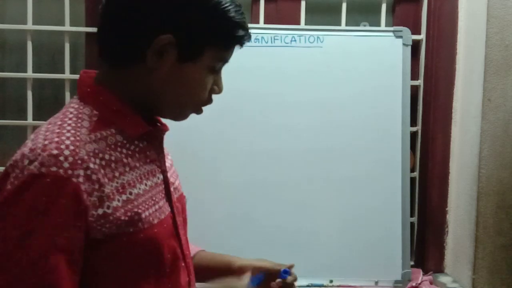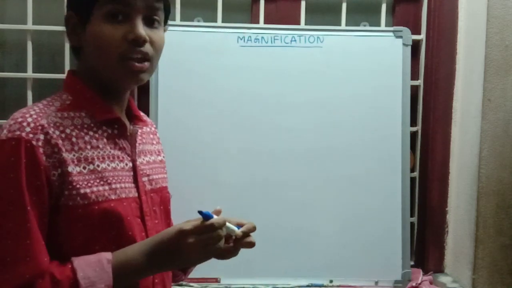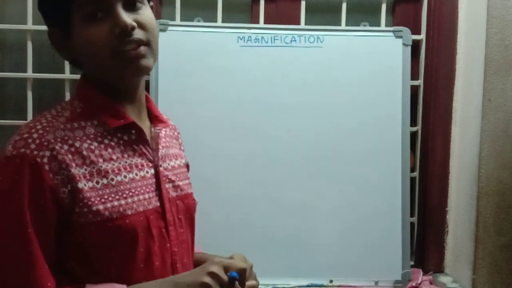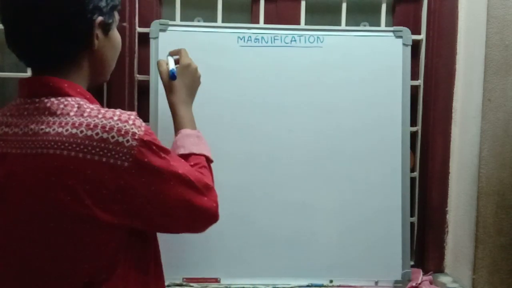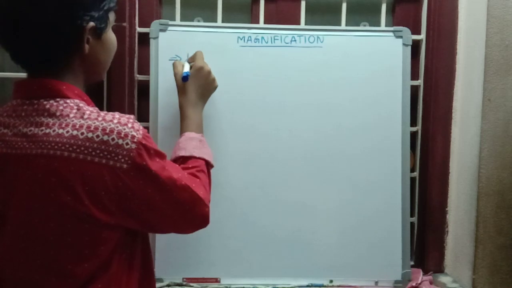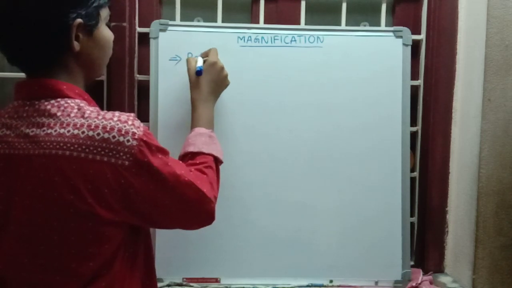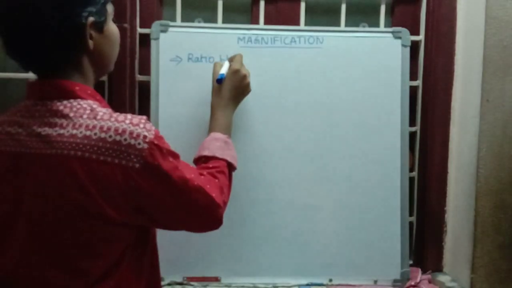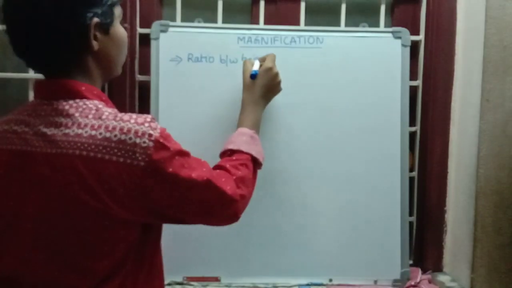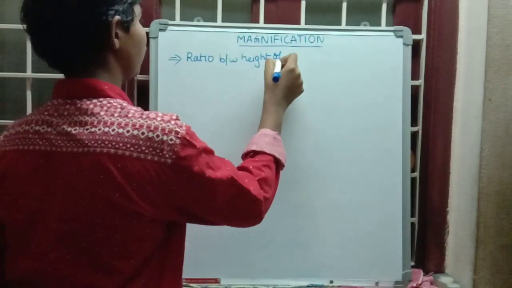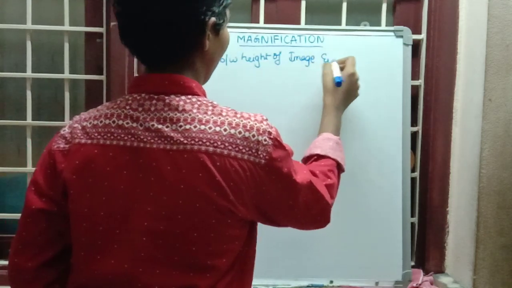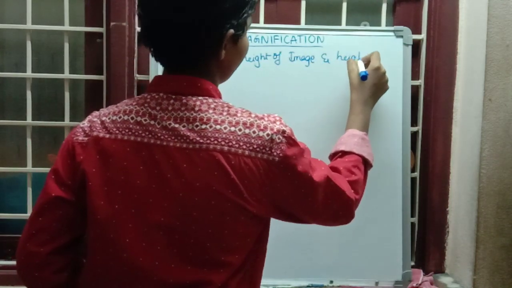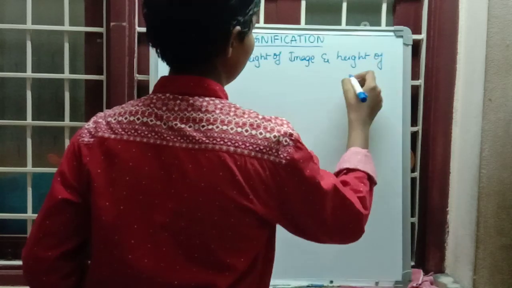Now, in the previous video we have seen sign conventions on concave mirror and convex mirror. So now let's discuss magnification. The definition of magnification is the ratio between height of image and height of object.